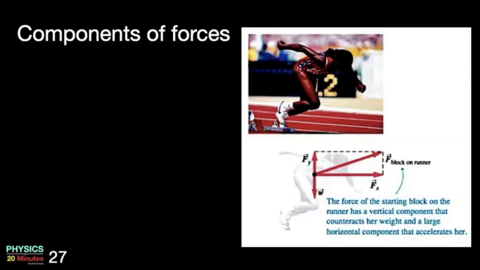So the forces on the runner are the weight of the runner, which is going to work in the downward direction, and this force which is going to work diagonally in one direction. Now this force can be split or resolved into two components, one along the horizontal, which is f of x, and one along the vertical, which is f of y.